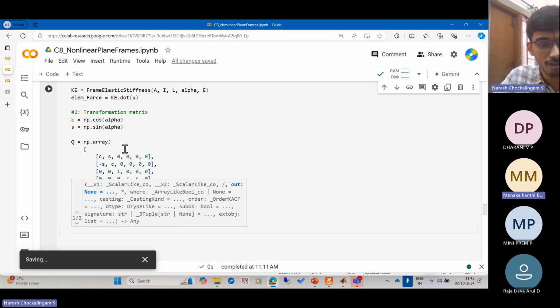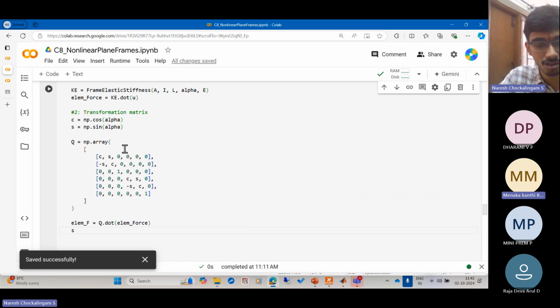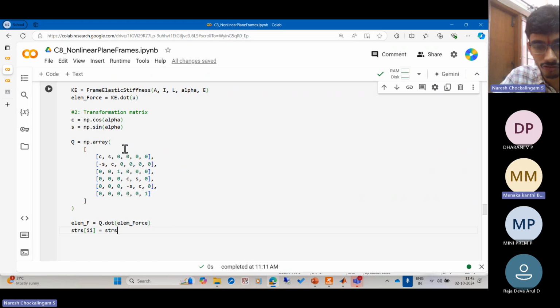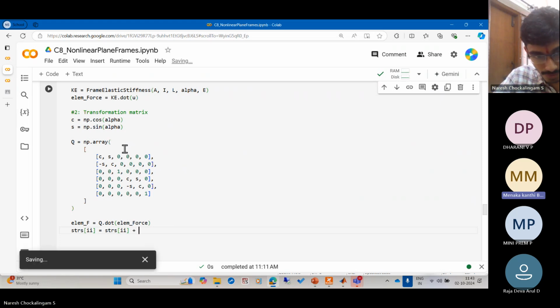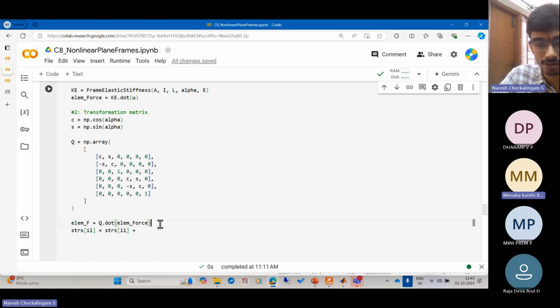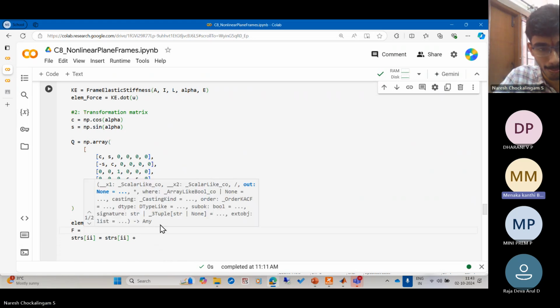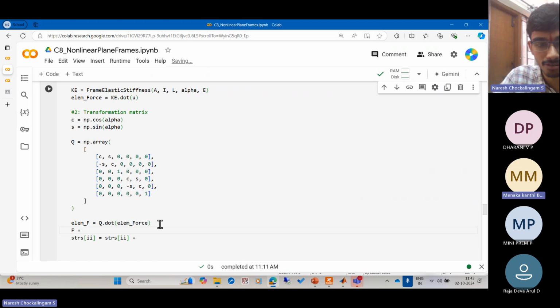Now in this LMF, what is our stress? So stress of II is equal to stress of II plus whatever is coming from this one. So you got the element forces. From this, I'll call a quantity F as the axial force, equal to, we saw it's either minus F1 or F2.